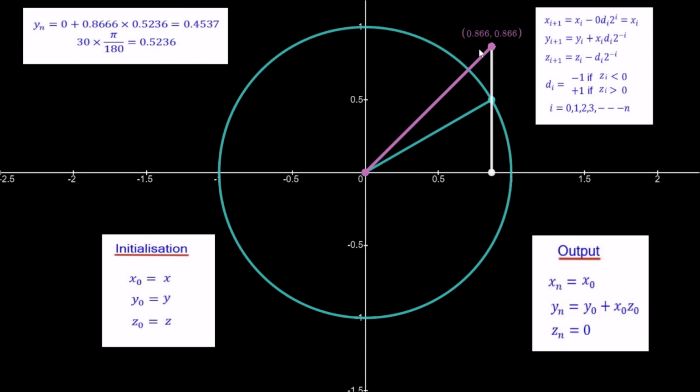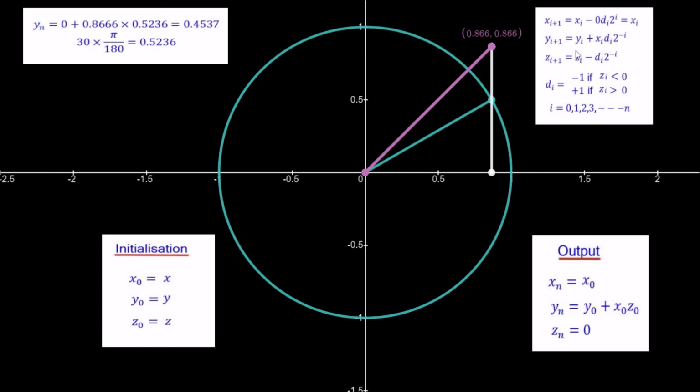Now we work through the same iteration again, and we're going to put these values in for our x1 and y1. Now note here, in order to find the actual value for our angle, we're going to use this z to the i plus 1 is equal to zi minus di times 2 to the minus i. So we've used one set of angles here in order to do the rotation of this pink line here. But we're going to use a different set of angles in order to do the rotation of the blue line.